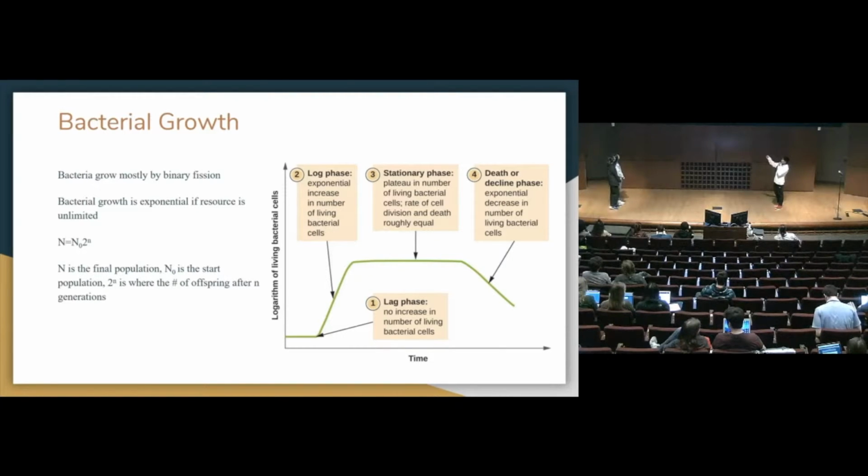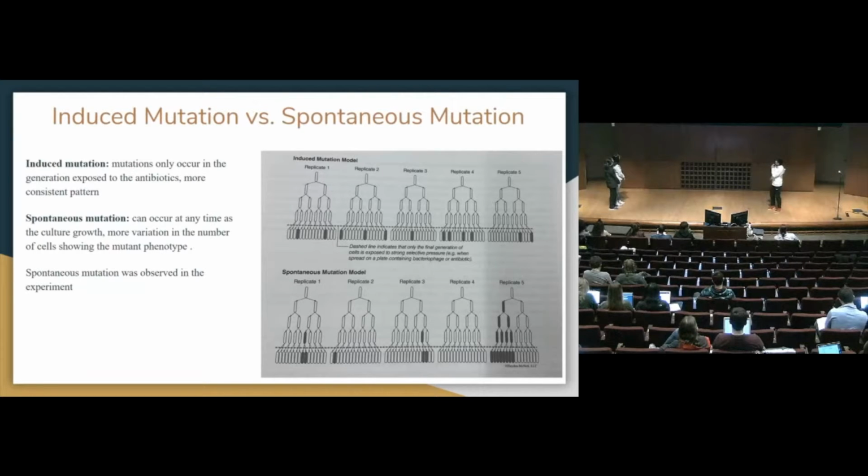And there's a formula for estimating the number of cells in the culture: n equals n0 times 2 to the power of small n. The n0 here is the initial number of cells in the culture, and the small n is the number of generations that have passed, and eventually you get the number of cells in your final population, which is this n.